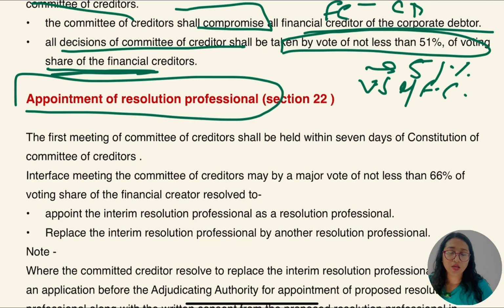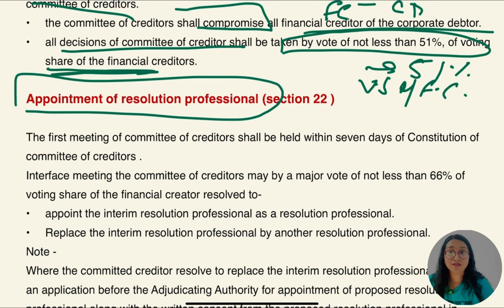If they have given the name, and no proceeding is pending against that person, they are appointed. If they have not given the name, in the case of an operational creditor, the AA will refer to the Board. Within 10 days, the Board has to give the name to the AA, and that person is then appointed.